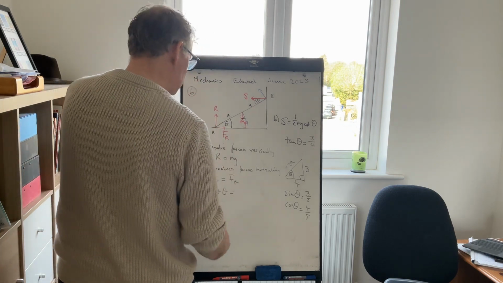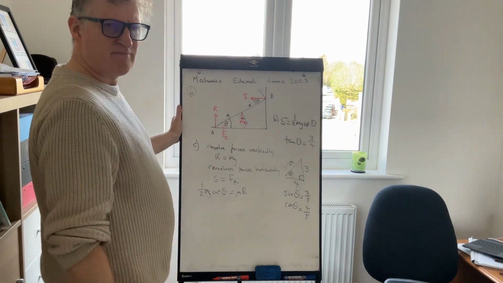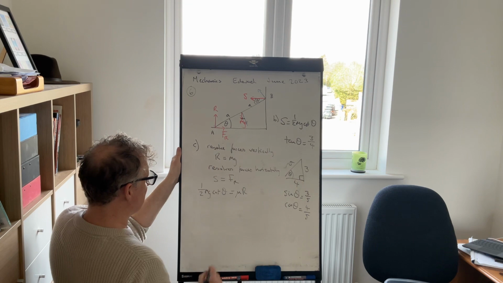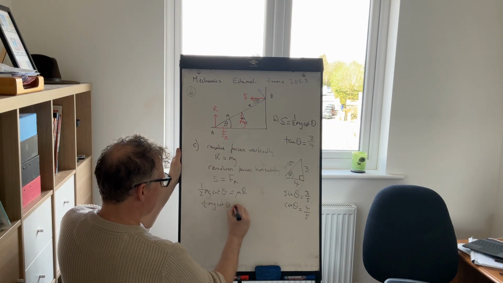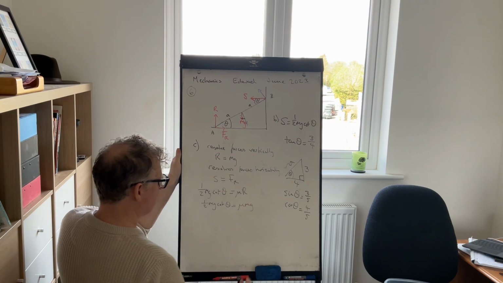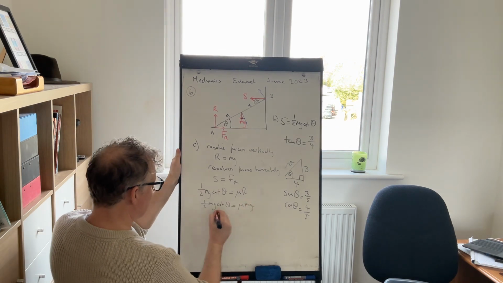Friction, at its maximum, is therefore mu R. But we know that R is mg from this. So now we're at a half mg cot theta equals mu mg. Well, there's lots of things that cancel out there. The mg's cancel.